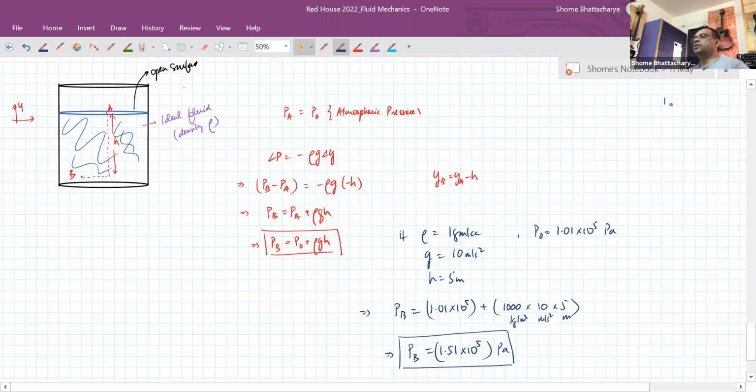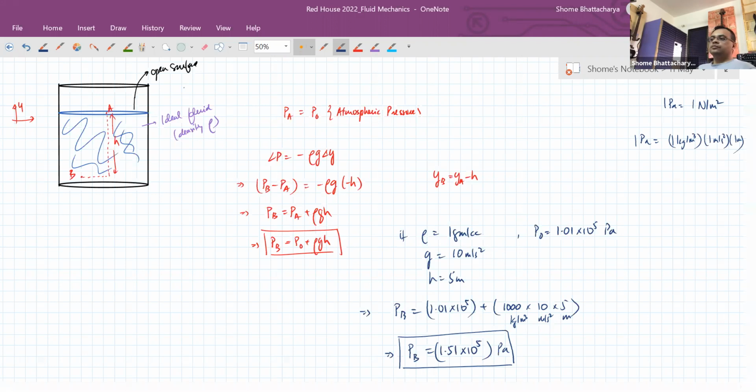So you understand that 1 pascal is equal to 1 Newton per meter square, or 1 pascal is also equal to 1 kg per meter cube into 1 meter per second square into 1 meter. So pascal is the SI unit.